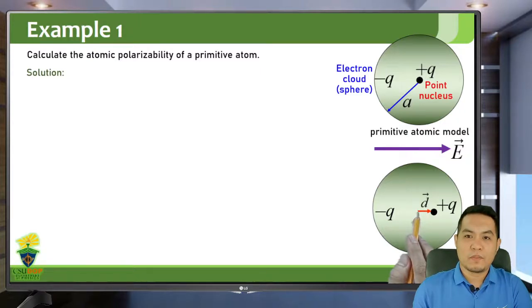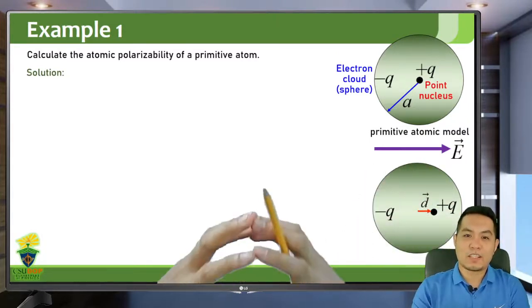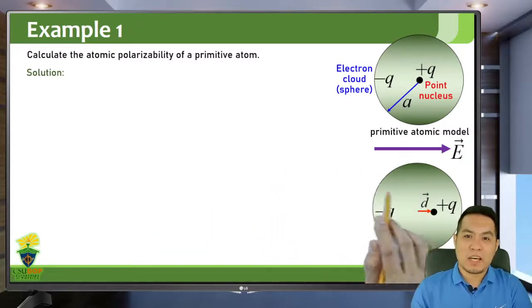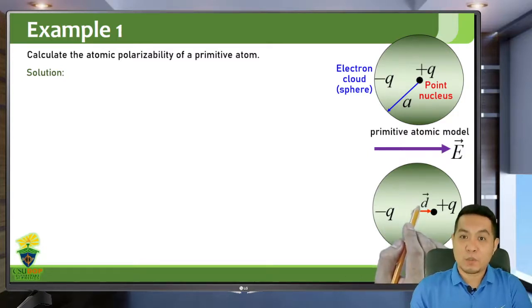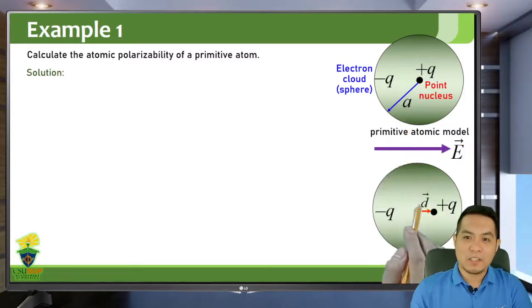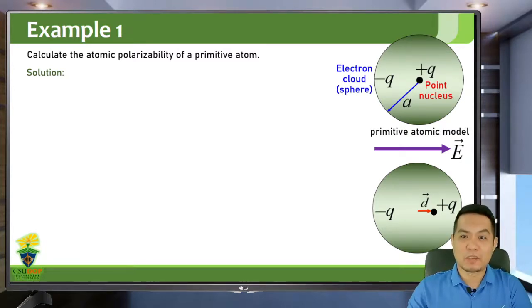This distance d is very, very small, so you can assume that the electron cloud is not stretched, but still spherical, since d is very much smaller than a, the radius of the electron cloud. We just exaggerated this in the drawing, but d is actually very, very small compared to a, the radius of your atom.